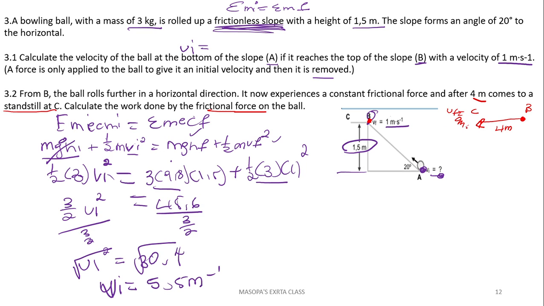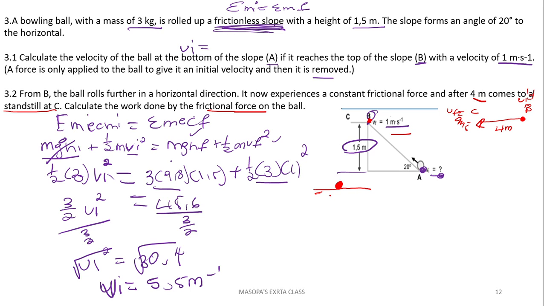Now at B, which velocity is that? 1. So at B we have an initial velocity of 1 meter per second. Now we have the presence of a frictional force, and we are looking for the work done by the frictional force. Let's see if there are any other forces that act on that object. Once the object is on a flat surface, the only force that acts there is Fk.